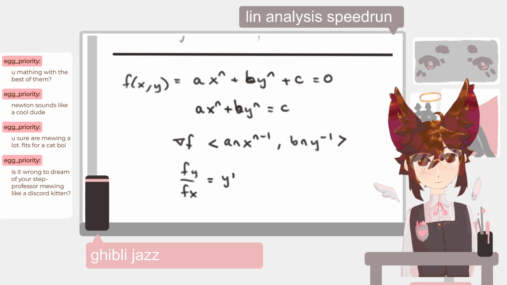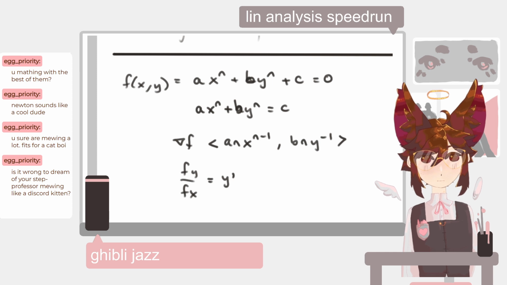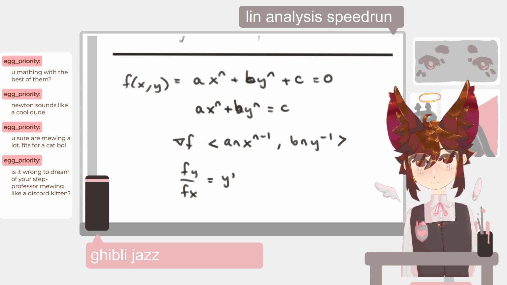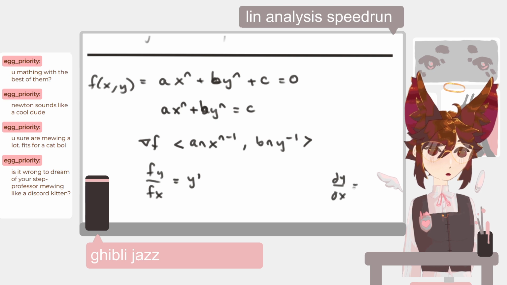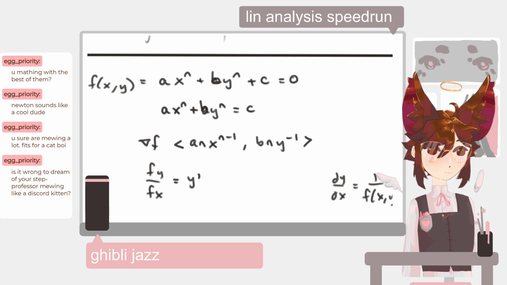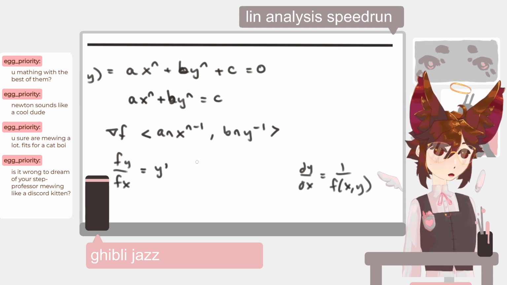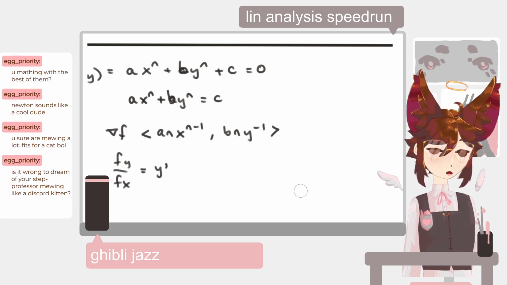Oh, chat. Where's our final trajectory? Oh, here we go. Yeah, dy dx, okay, it's a little different, but it's dy dx equals 1 over f of x y. So what we're doing is we're just saying the second one is equal to the first one. Yeah. It's a little different, but it is a little bit nicer.